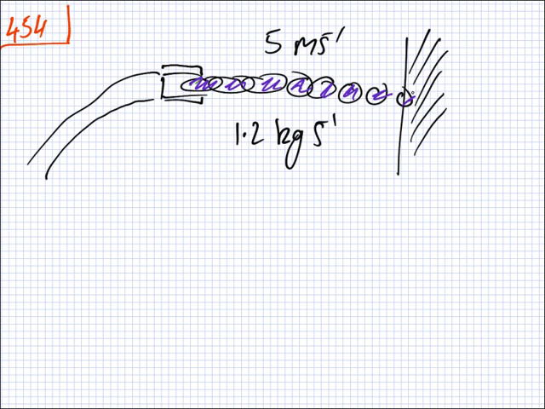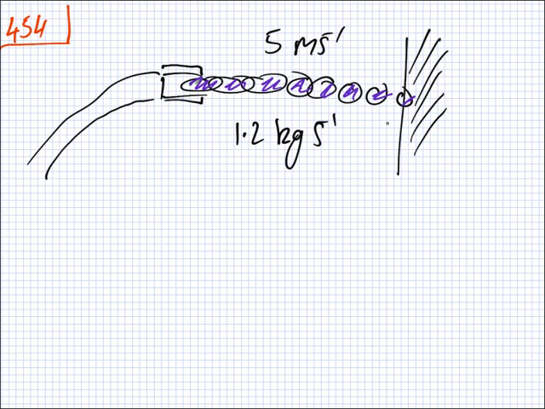It's almost like every second a 1.2 kilogram mass, a body of water, comes out of the hose, and that blob is moving at 5 meters per second. This should remind you a lot of the rocket question. Instead of gas, it's water. So what are they asking us here? What is the initial momentum of the water hitting the wall each second?